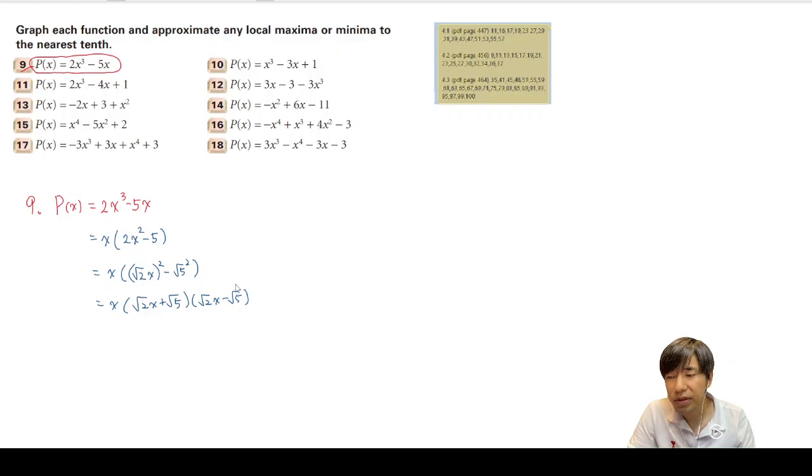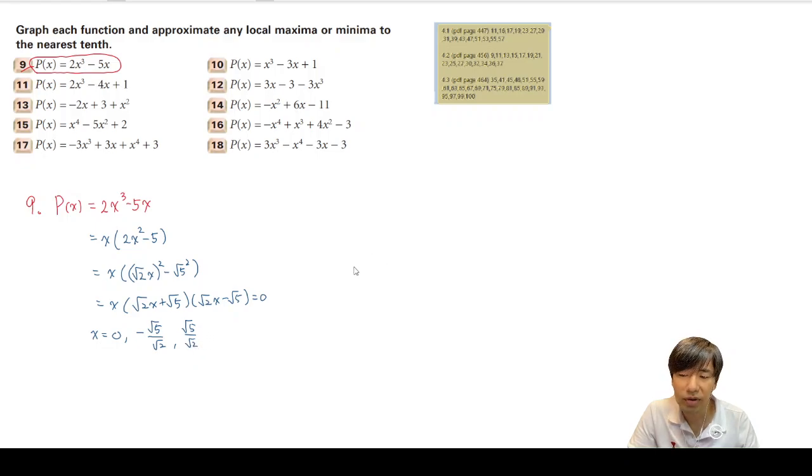So if you set everything equal to 0, then your x-intercepts are 0, and then from here you get negative square root 5 over square root 2, and then square root 5 over square root 2.